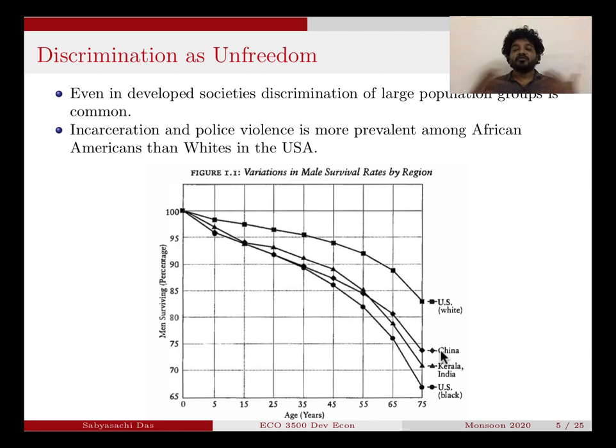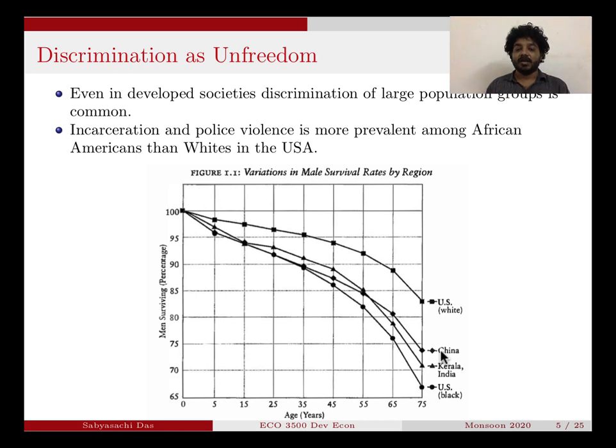But this kind of discrimination is widespread for African Americans, which gets reflected in these mean survival rates. So you can see societal, political, and economic discrimination as again a kind of unfreedom that is affecting a subgroup of the population in the US.